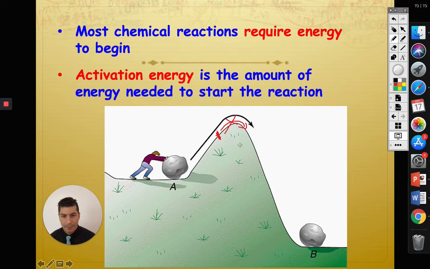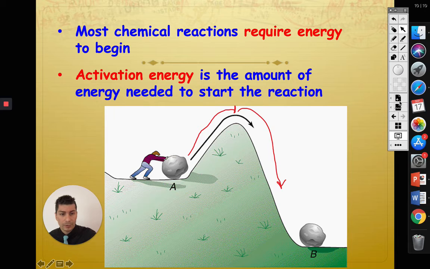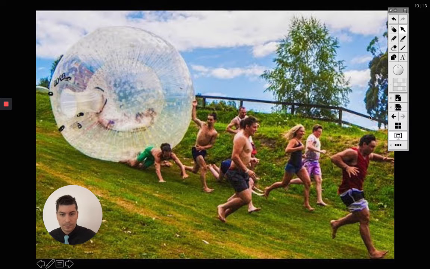That's not going to happen. So, like I said, it's an all or nothing thing. The rock is going to have to go to right here, and once that person gets the rock there, then that rock can roll down the hill because of gravity. But again, guys, if you don't get it up the hill, the rock never goes down.